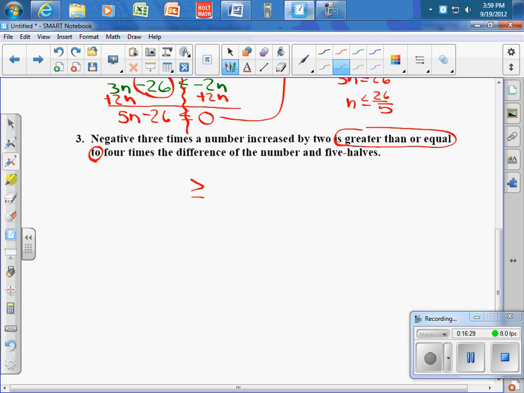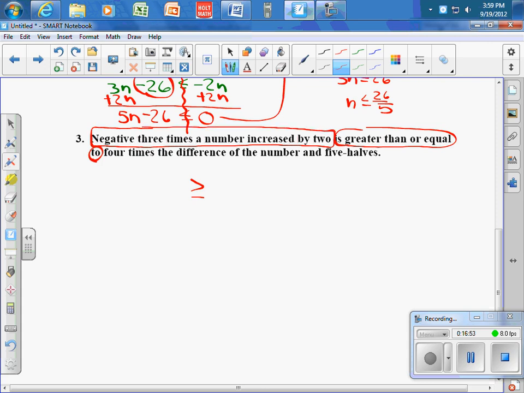Negative 3 times a number increased by 2. Now, I don't see anything that shows parentheses here. We don't have the sum of, we don't have the difference of, we don't have the quantity of. So, again, I'm going to start at the end of this verbal phrase and translate that into math.